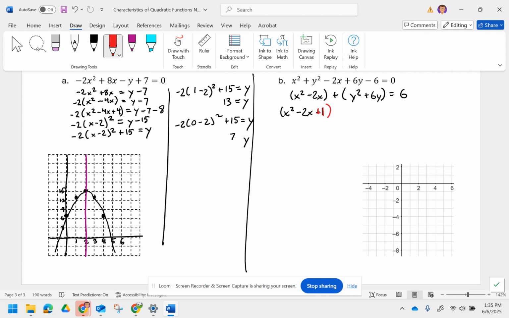Okay, so keep that in mind. Now plus y squared plus 6y. So to get a 6y, that's a 3y plus a 3y. And then 3 squared is going to be 9.